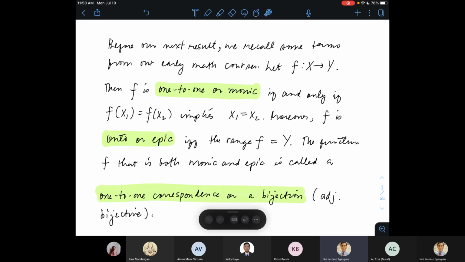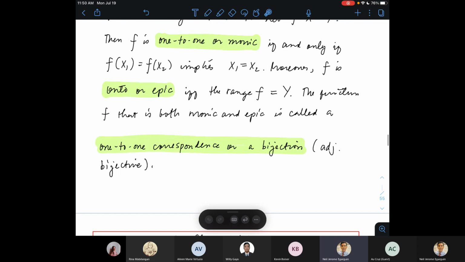So no two distinct elements of the domain are mapped to the same element of the range, right? That's what it takes for f to be monic. And then f is onto or epic if and only if the range of f is equal to Y. So if every element of the codomain has a pre-image in the domain, then we say that the function f is epic. All right.